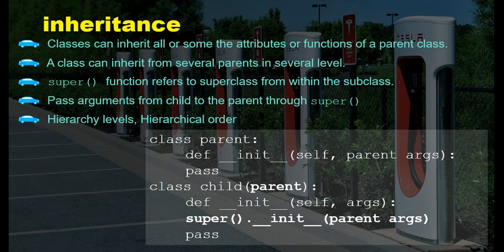The general syntax is like this. We define a class parent, and we instantiate instances with this def __init__, self, and all the other parent arguments, and we do what we do with it. Then we define a child class, and here we indicate that this child inherits from a parent.